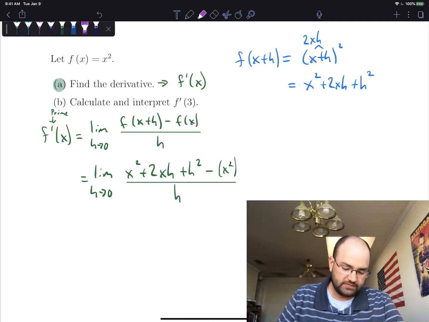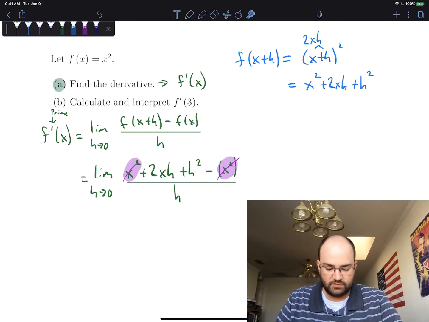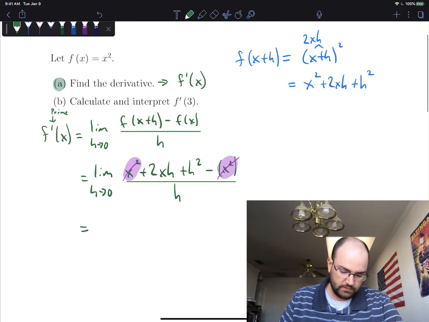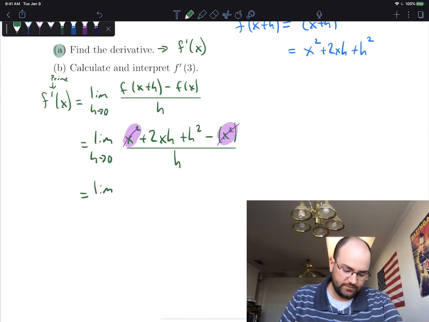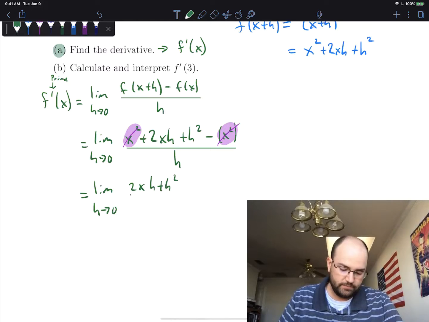And also notice that the x squared here and the x squared here cancel. In other words, any terms that do not have an h in them in the numerator are gone. So this is going to give us the limit as h goes to 0 of 2xh plus h squared, then all over h.